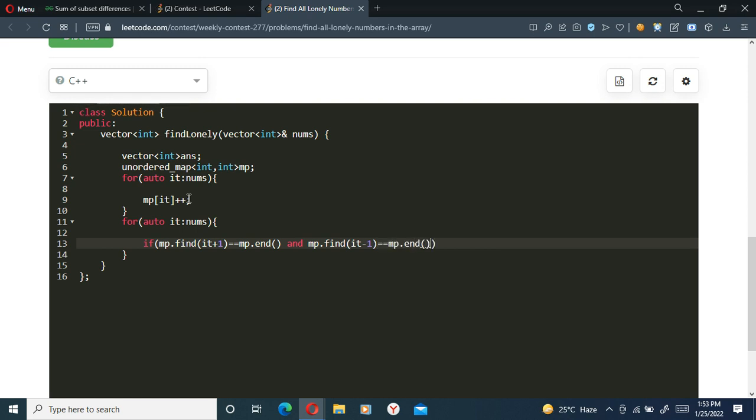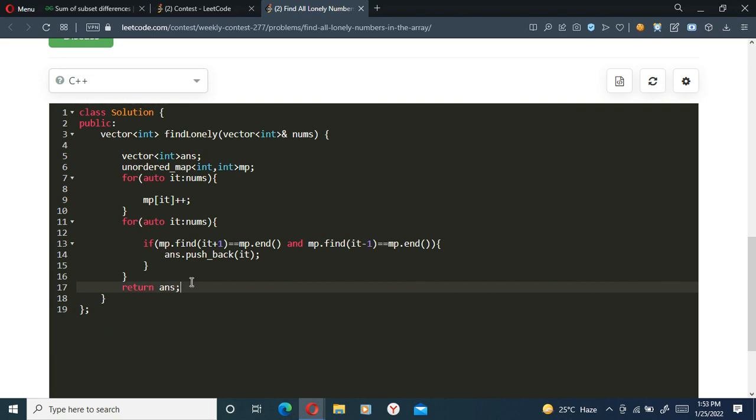Both the things are not present there, so just insert it into my answer, push back the value of it, and at the end of the day let's return the value of answer.